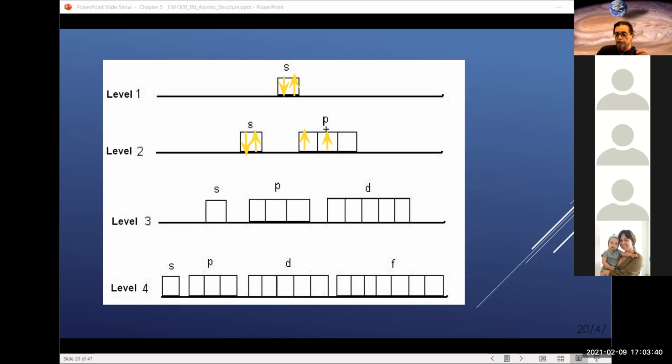I fill up each orbital first before I start doubling up. So guess what? Look at carbon. As I find its position on the periodic table, it is in 2p. The arrows represent 1 electron. Okay, that's what's being represented.